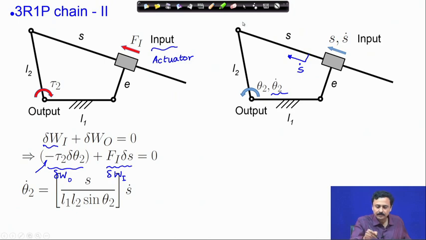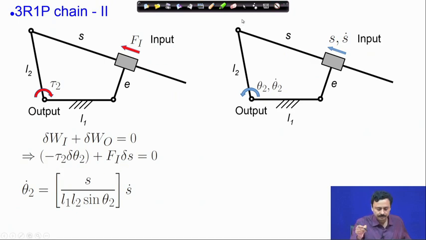Now, we have the velocity relations which we have derived earlier, and from here follows the virtual displacement relations. Delta theta 2 is Jacobian times delta S. So, here we have the Jacobian.